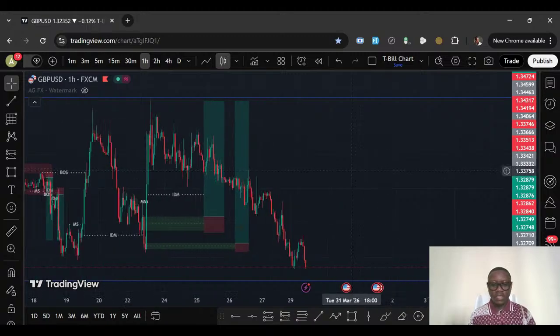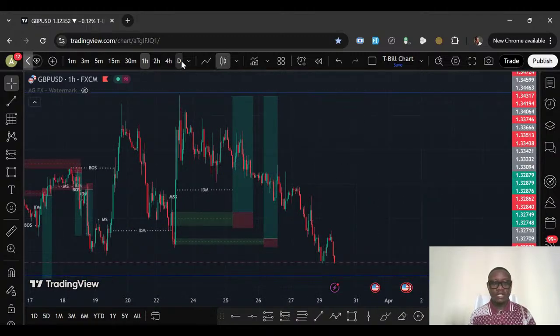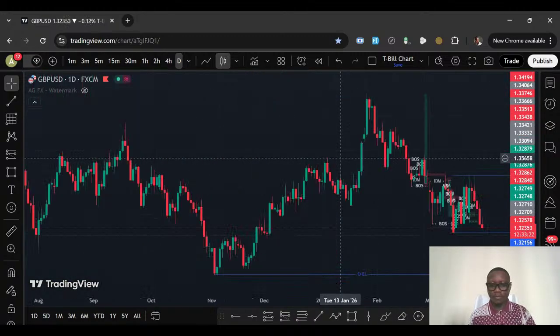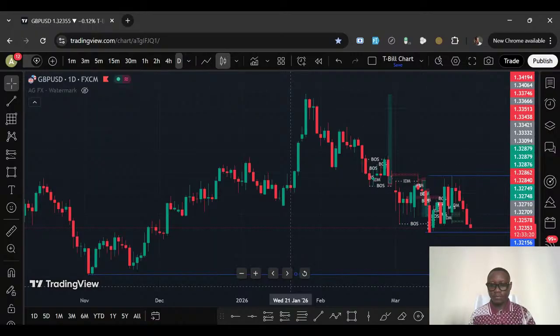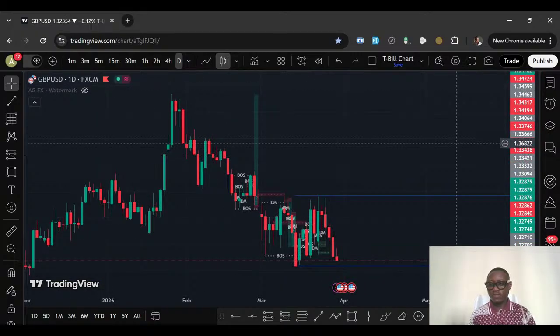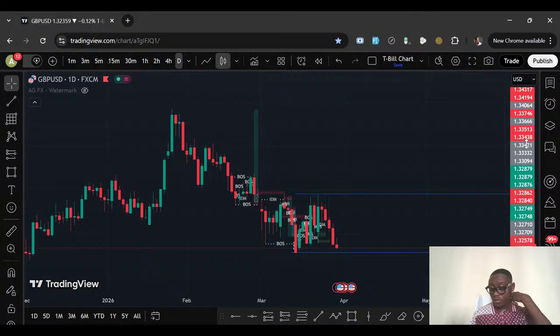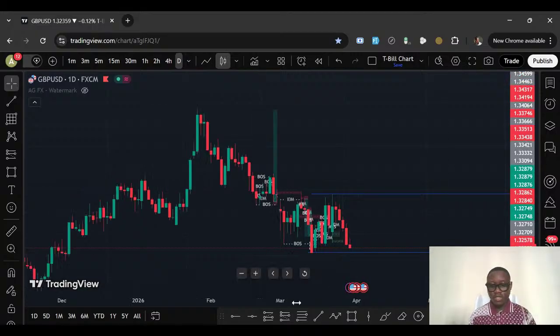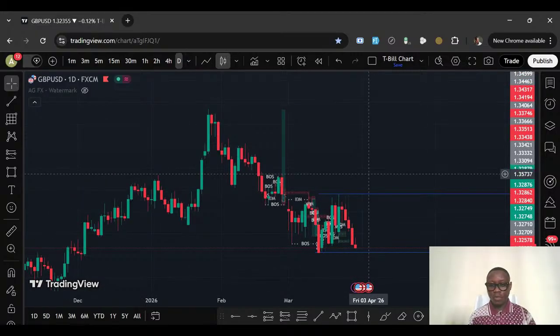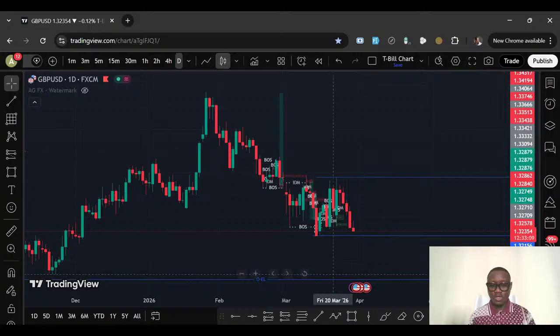Okay, so as always, we begin our analysis from the daily time frame. Our directional bias on GBPUSD still remains bearish, as you can see. Actually, GBPUSD is obviously bearish.